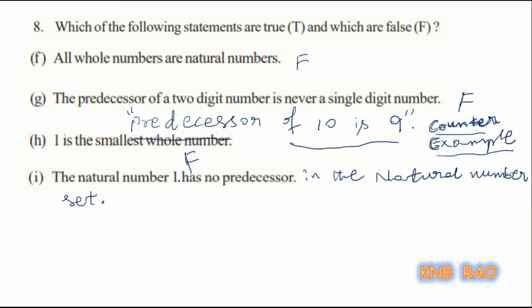If they say it like this, we will say true. He must be expecting us to say true, but the sentence is not full. It is supposed to be like this.